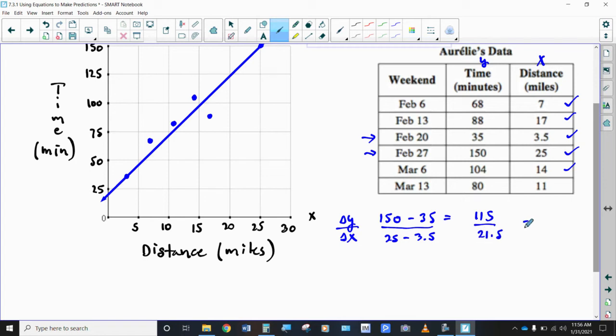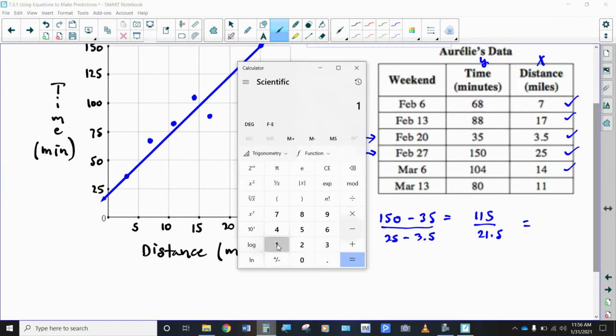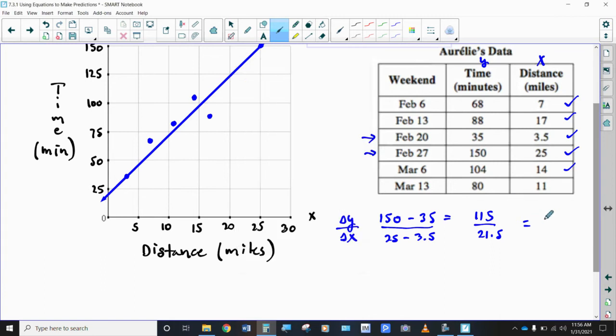So let's change this so that it is a decimal number. I'm going to take 115 and divide it by 21.5, and what do I get? I get about 5.35. Let's call it 5.35. That would be our slope ratio.